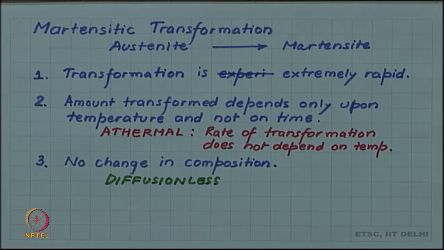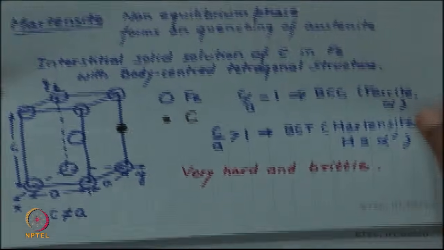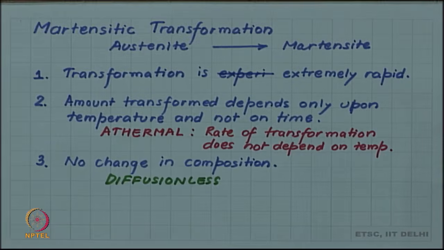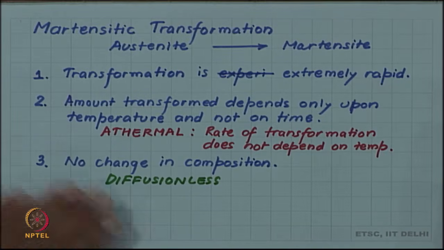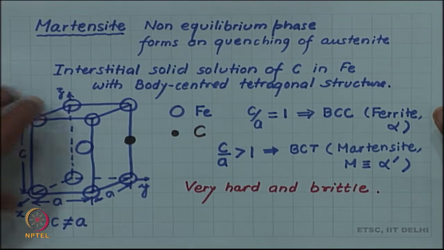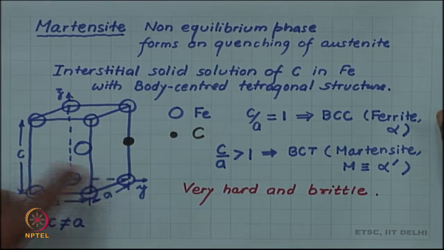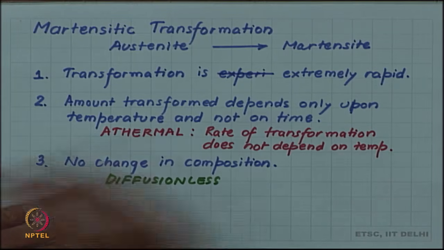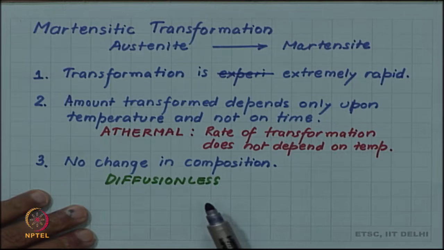When we say diffusionless, you can see that the transformation is requiring a change in crystal structure, but for crystal structure to change, atoms have to move, but atoms move very little, and we will show how that is possible. So, very little movement of atoms, less than one complete atomic jump, let us say, will lead to the transformation, whereas by diffusion we mean long range atomic transport.